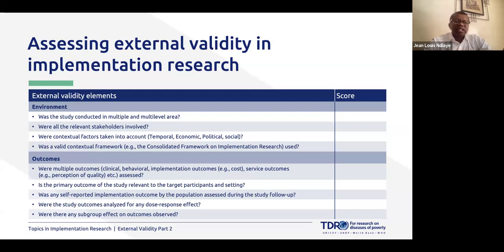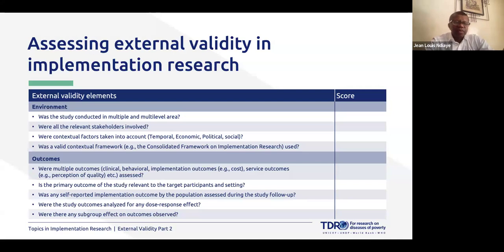Were multiple outcomes, meaning clinical, behavioral, implementation outcomes, meaning cost, biological, etc., assessed? Is the primary outcome of the study really relevant to the targeted participants and settings? It's really important to choose good indicators.